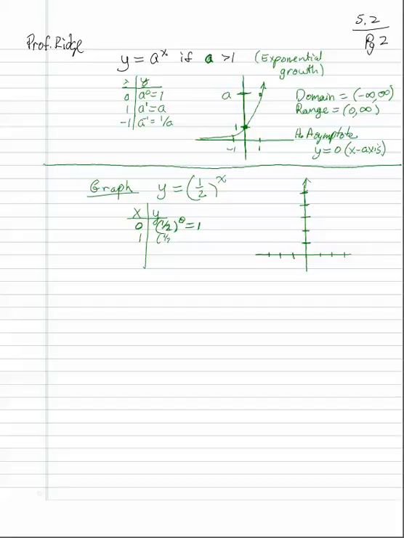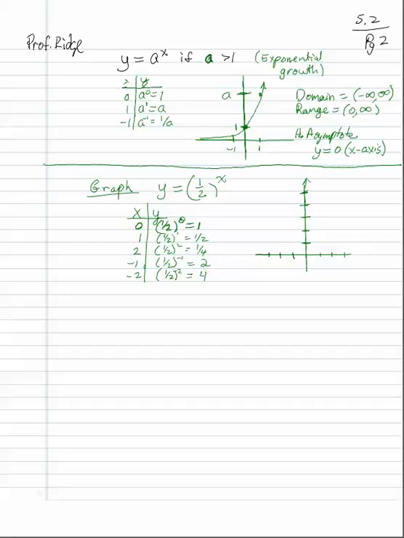1/2 to the 1 is 1/2. 1/2 squared is 1/4. 1/2 to the negative 1. Remember, negative 1 is the reciprocal, so the reciprocal of 1/2 is 2. 1/2 to the negative 2: again, the negative is the reciprocal, which is 2, and then you square it. 2 squared is 4.